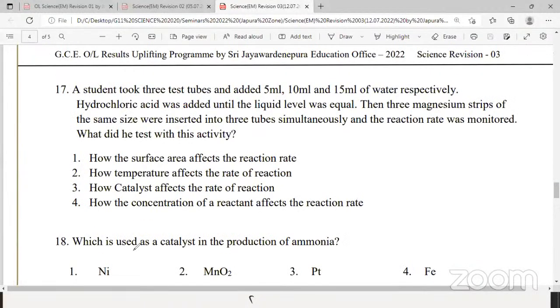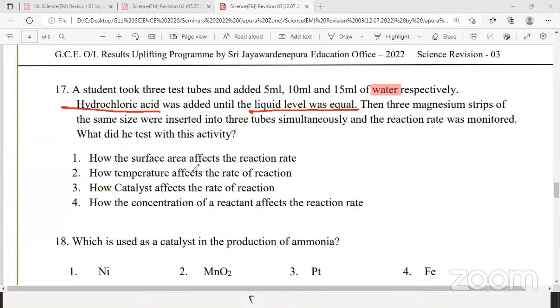Now, next one. Students took 3 test tubes with 5 ml, 10 ml, 15 ml of water. Then they topped up to an equal liquid level using hydrochloric acid.